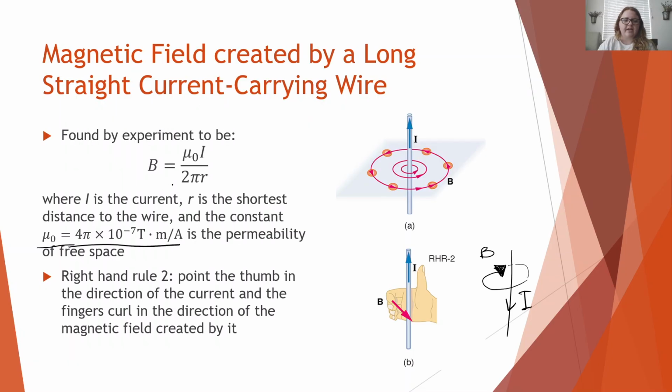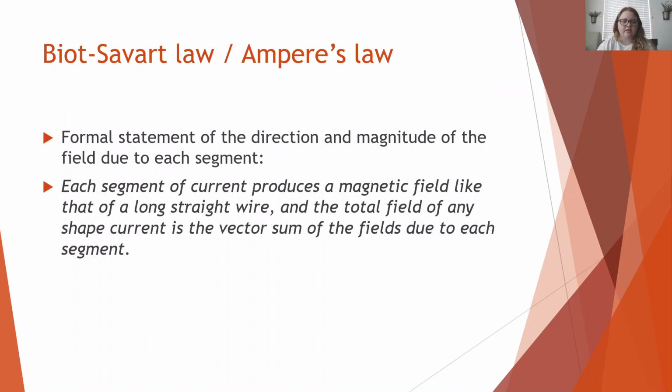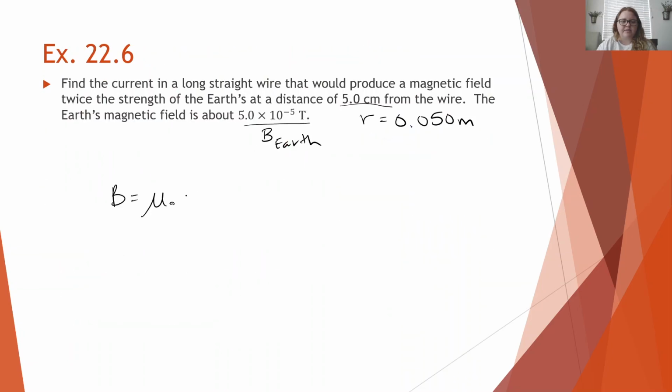Okay, so let's go back. This is our equation. So B is equal to mu naught times I divided by 2 pi R. Okay, so we are trying to find the current. So let's go ahead and rearrange this.